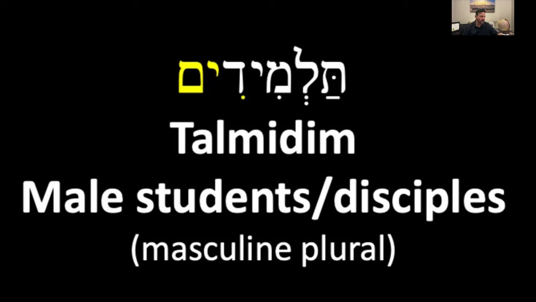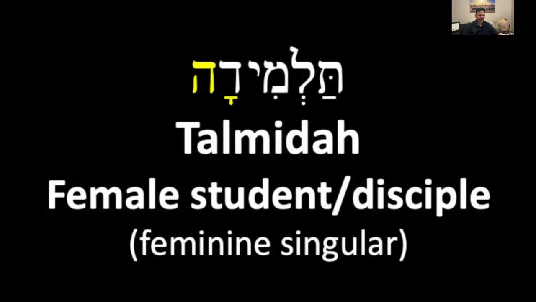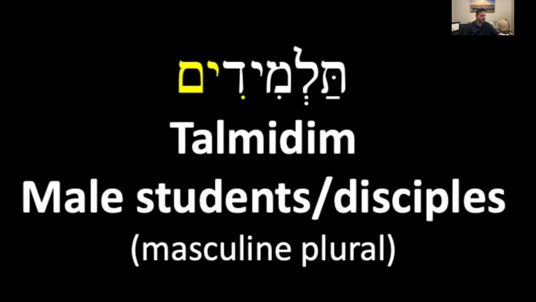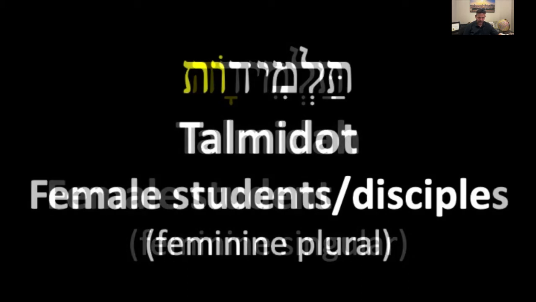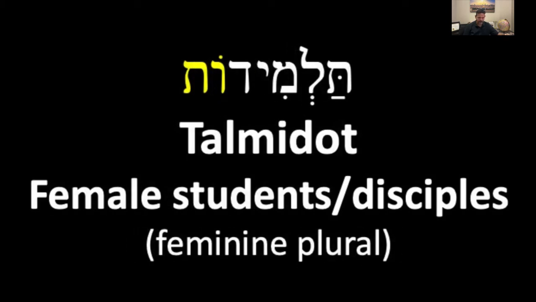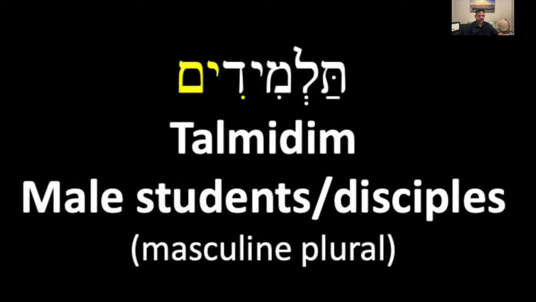But to make it female, let's go back to Talmid for a minute. We add the A sound for Talmidah. So notice the suffix, Talmidim, Talmidah, or all females, Talmidot. So with a masculine noun like Talmid, to make it plural, we add the im sound at the end, Hirik, Yud, and Mem Sofit, Talmidim.